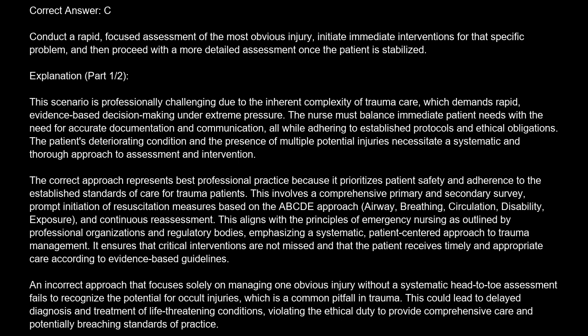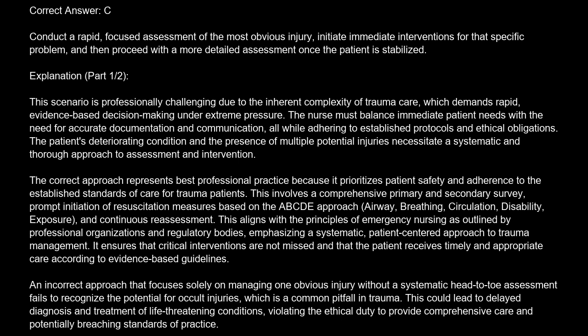Explanation. This scenario is professionally challenging due to the inherent complexity of trauma care, which demands rapid, evidence-based decision-making under extreme pressure. The nurse must balance immediate patient needs with the need for accurate documentation and communication, all while adhering to established protocols and ethical obligations. The patient's deteriorating condition and the presence of multiple potential injuries necessitate a systematic and thorough approach to assessment and intervention.